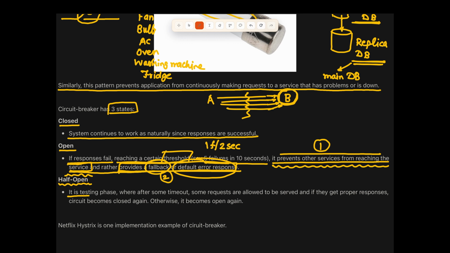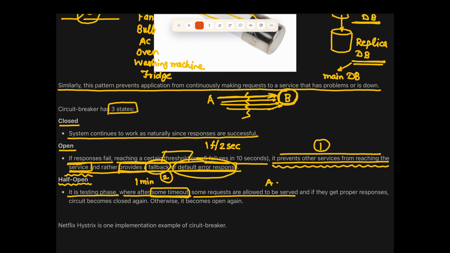So it is a testing phase where after some time, let's say there was a timeout set as 1 minute, after 1 minute, A will start sending a couple of requests. Let's say one request. It sends and tests if B has recovered now or not. Am I getting the correct successful response? So some requests are allowed to be served.